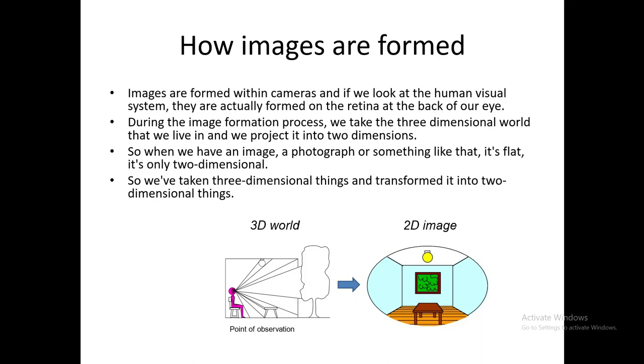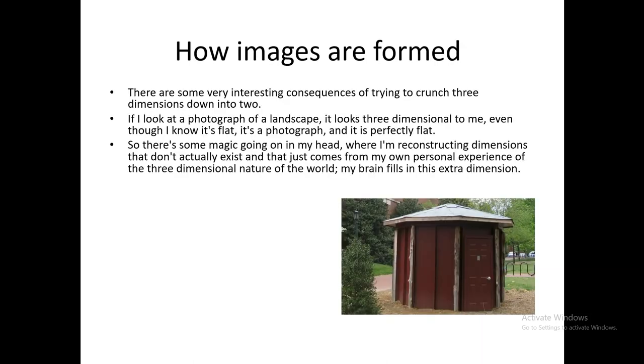We can see in the figure that at the point of observation, we look at the objects or the scene in the 3-dimensional world, but when it's projected on a 2D plane, it's a 2D image, it's flat.